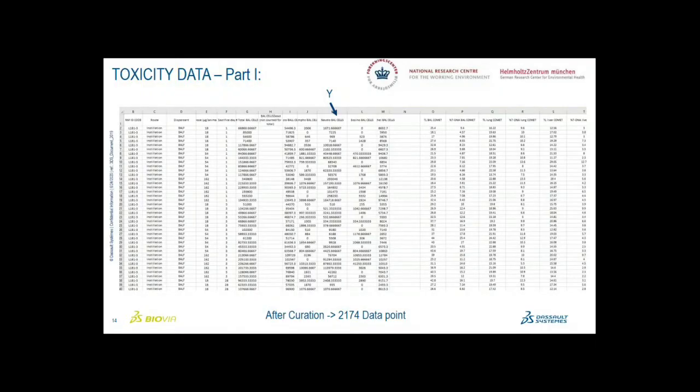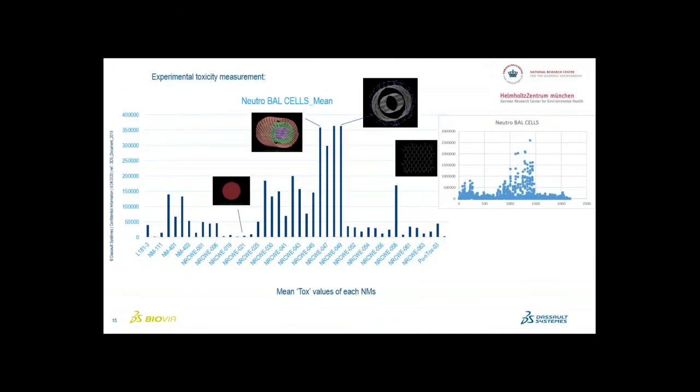So those are molecular models, and the toxicity data comes from the other partners, and we will use the neutral cells as a response. So after curation, we have about 2,174 data points. This is a distribution just of the measurement.